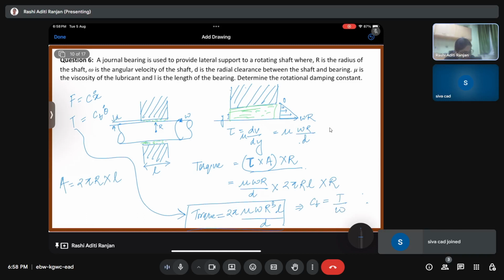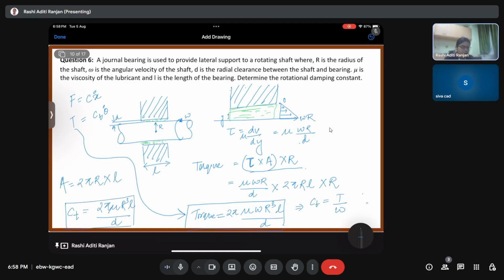Okay, so Ct will turn out to be 2 pi mu r cube L by D. This will turn out to be our rotational damping constant.